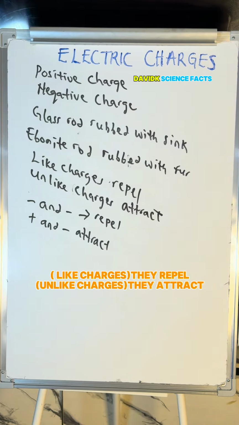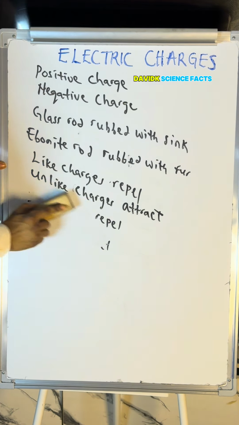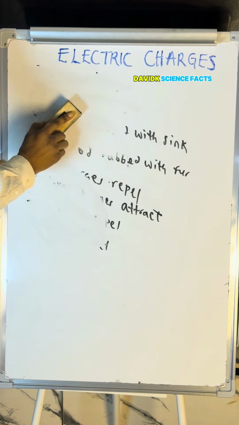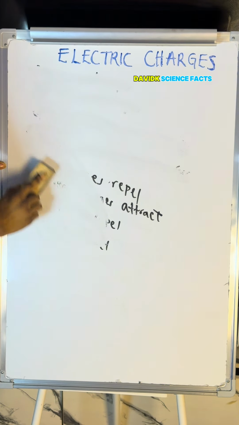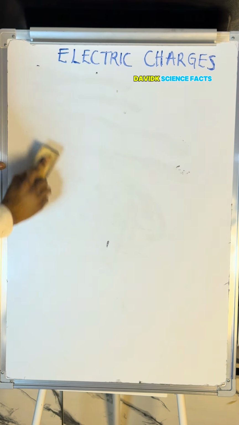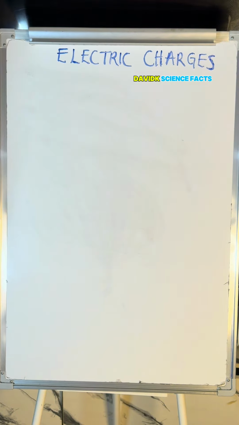I'll talk about conductors and insulators. Now, what are conductors? Conductors are materials that allow the flow of electrons through them.